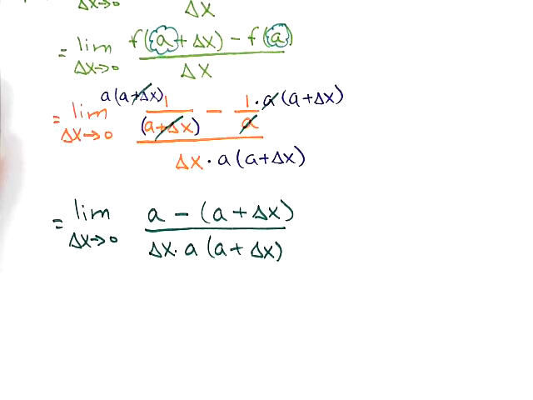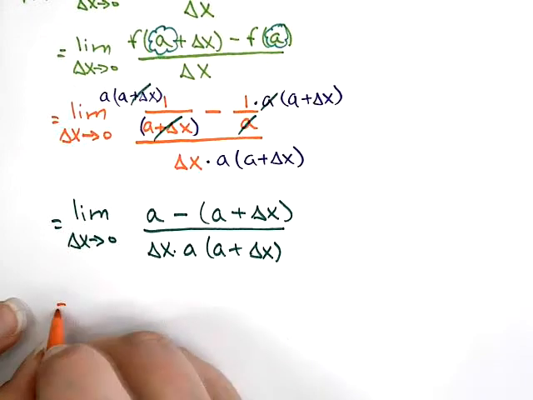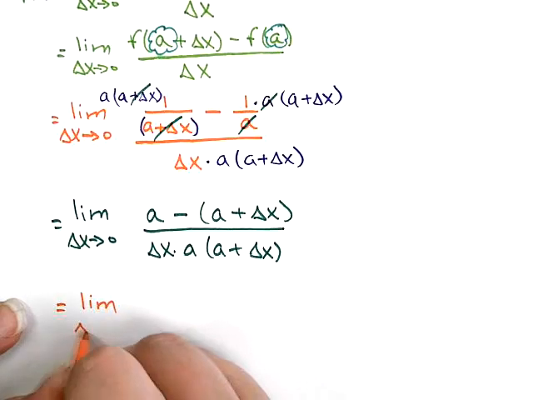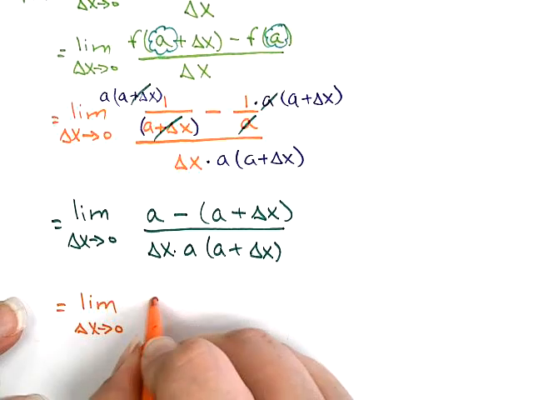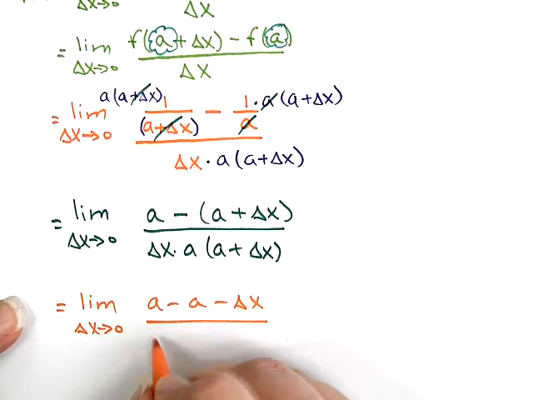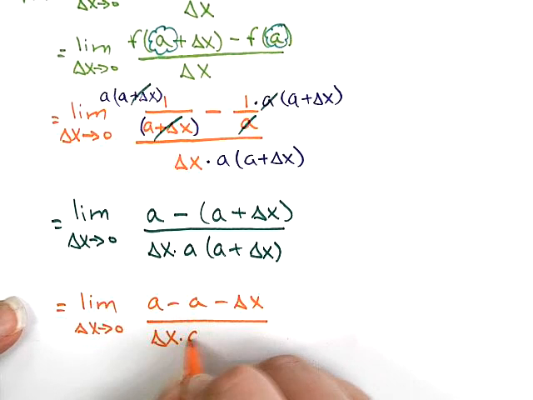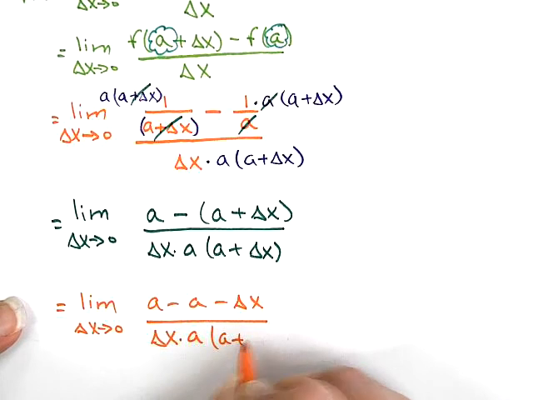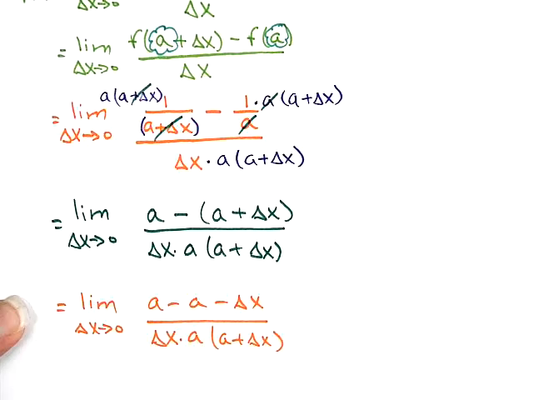Make sure that's in parentheses, because now we have to distribute and keep simplifying. So the limit as delta x approaches 0 of a minus delta x all over delta x times a plus delta x.